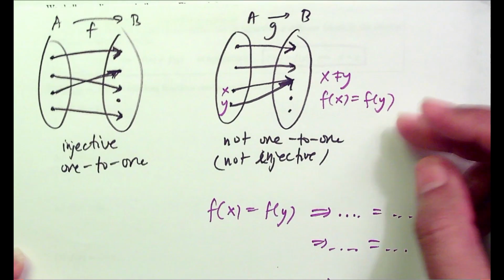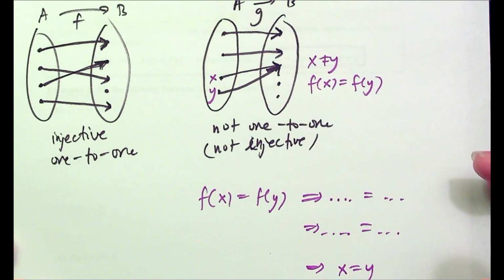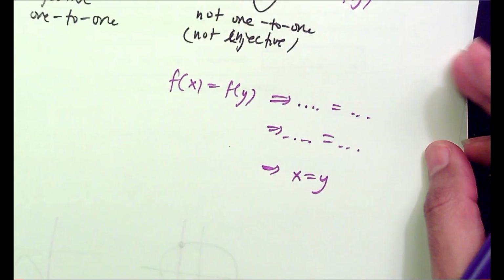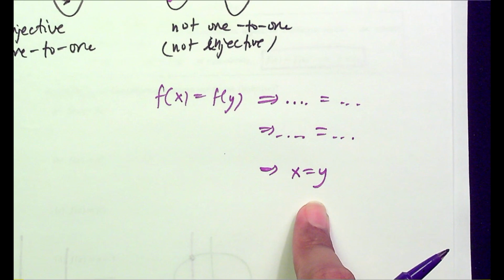In other words, the easiest way to disprove injectivity is to offer a counterexample. If you suspect it is injective, then algebraically this is the easiest way to figure it out.